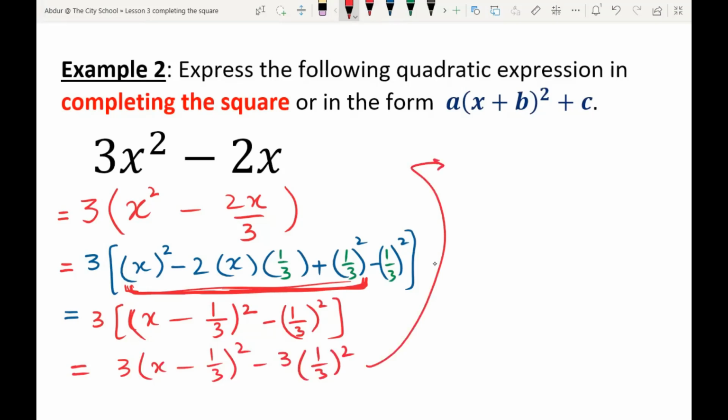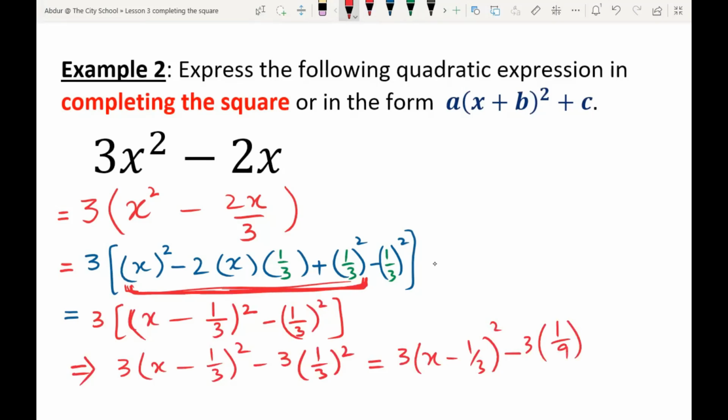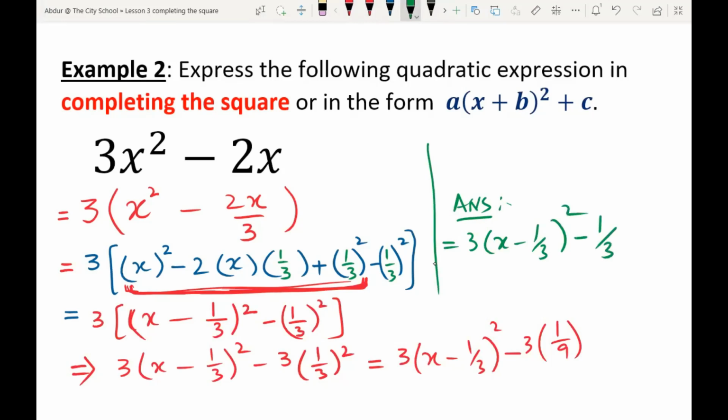So it will be 3 times of x minus 1 over 3 whole square minus 3 times of 1 over 9. Final answer will be 3 times of x minus 1 over 3 whole square minus 1 over 3 is the final answer here.